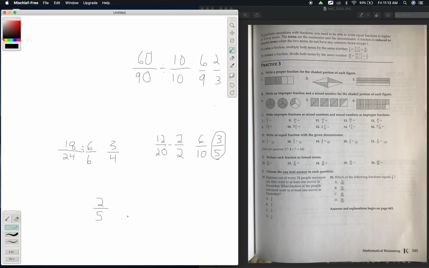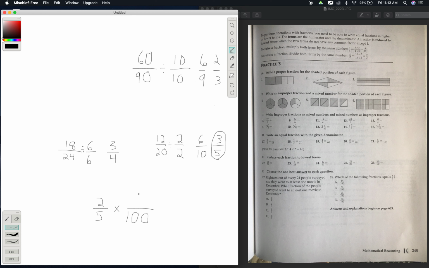That's a number that we do know. We use that to find the number we don't know, and this is always how it is with this type of problem. You're trying to increase it. So we know 5 times what is 100? 5 times 20. 5 times 20 is 100.